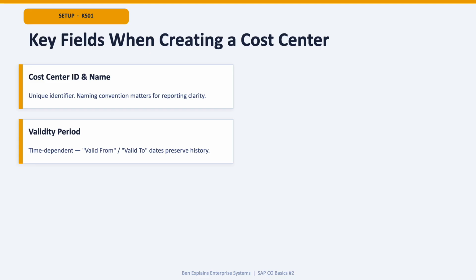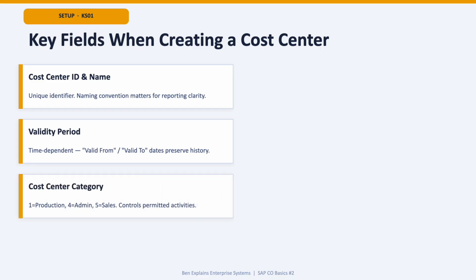Then there's the cost center category. This is a one-character field that classifies the type of cost center. For example, 1 for production, 4 for administration, 5 for sales. The category controls which activities and statistical key figures can be used with that cost center, and we will dive into that in future episodes.